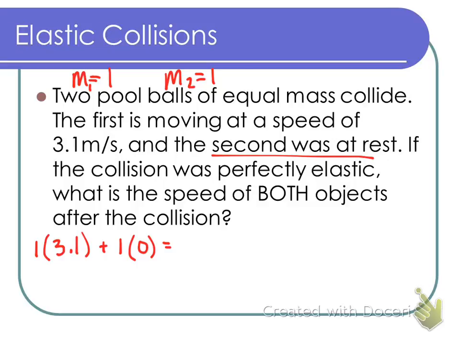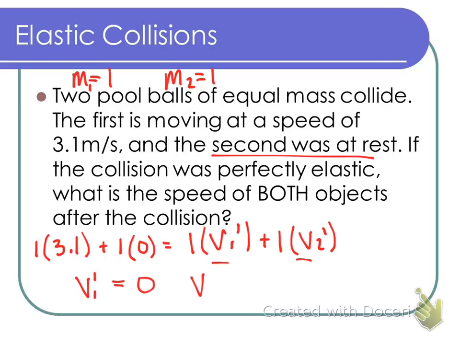So we have a truly elastic collision going on here, but we have 1 times V1 prime plus 1 times V2 prime. I haven't given you the equation yet to solve if we have two variables. But since we talked about a perfectly elastic collision, what do we think would happen in this case? That's right. V1 prime would be 0 and V2 prime would be 3.1.